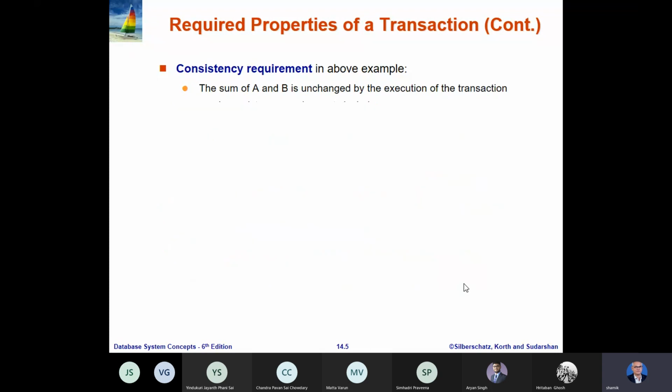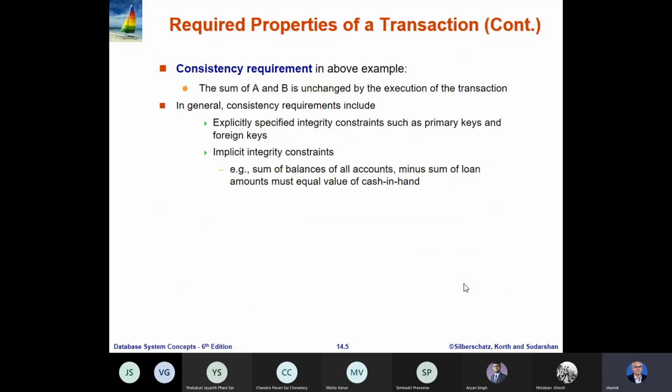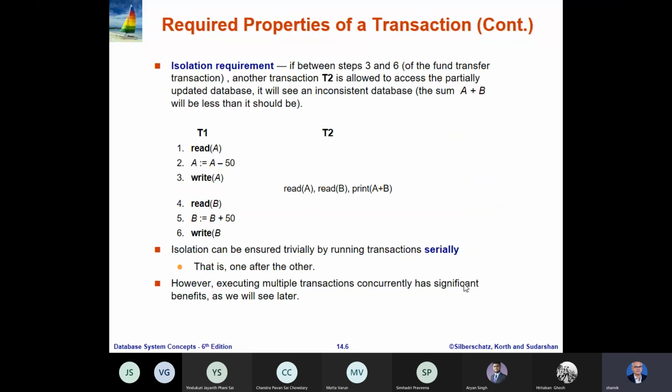But the previous two, atomicity and durability, and the next one, isolation, are the properties of transactions which are actually meant to be guaranteed by the database management system itself. And now I will link it back to our discussion in some of the first few lectures, on why we have the database management system and do not use, say, files.